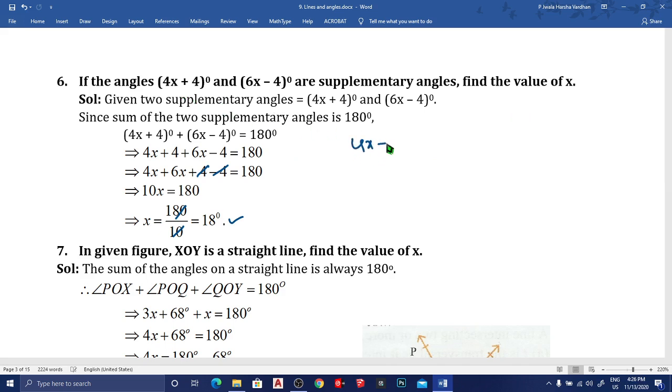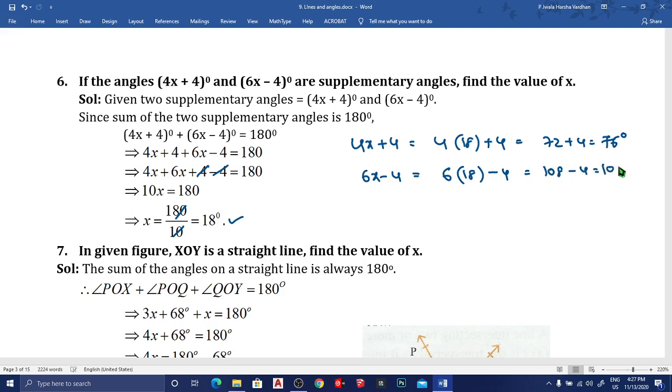To find the first angle, substitute 18 here: 72 plus 4, which is 76 degrees is the first angle. The second angle is 6x minus 4, which is equal to 6 into 18 minus 4. 6 into 18 is 108, minus 4, which is 104 degrees.